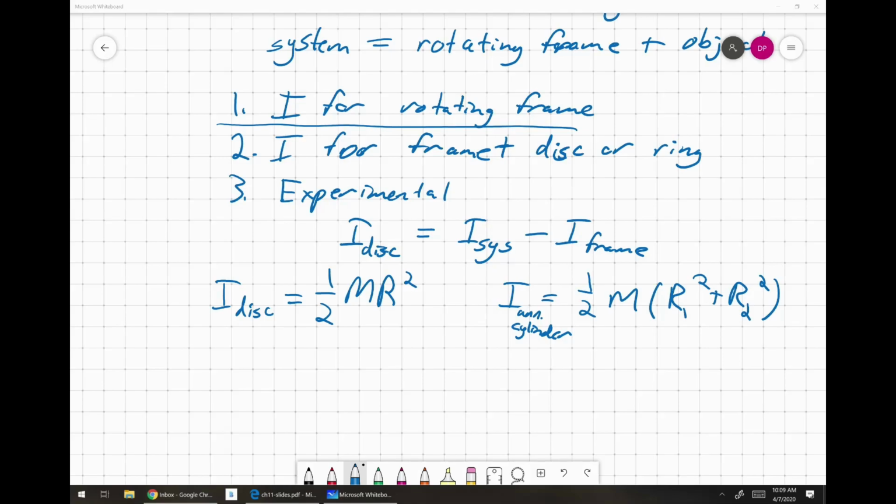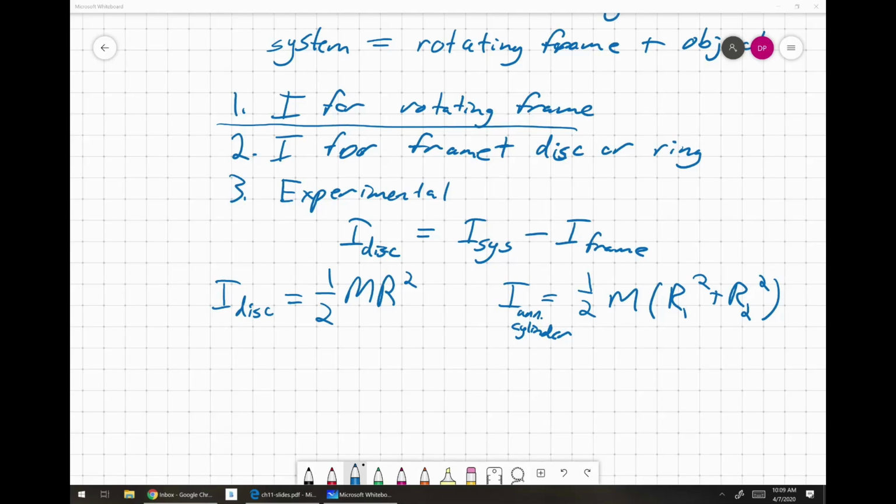Since our ring has some finite thickness to it, it is not actually an ideal ring. So we have to use a slightly different form of our equation, and you can calculate the moment of inertia this way. And then if you wanted, you could even compute what the theoretical value would be if you treated it as a ring, and see how far off you would have been based on the thickness of that ring.